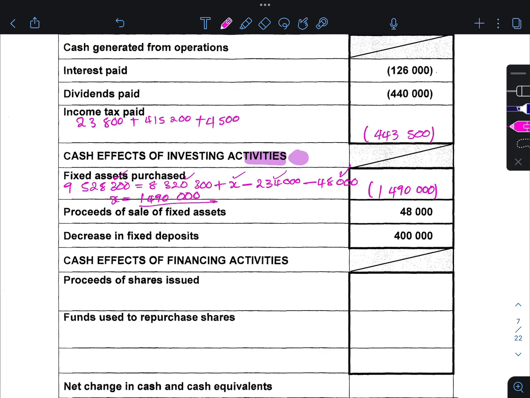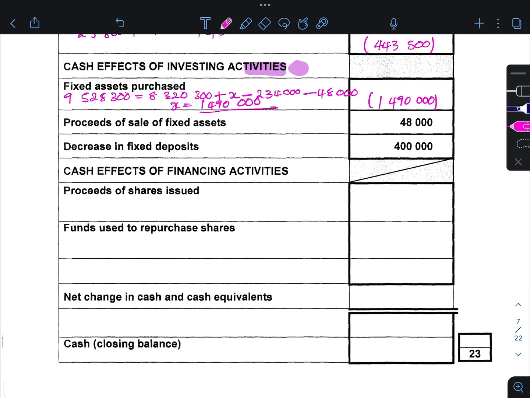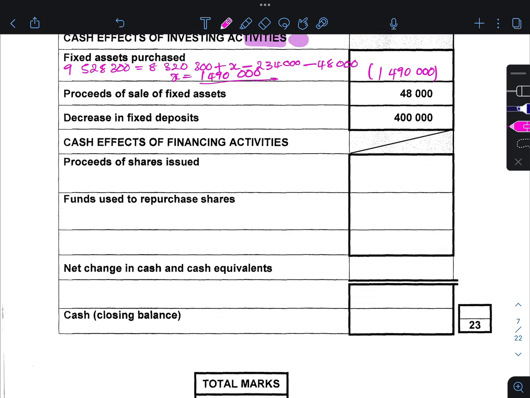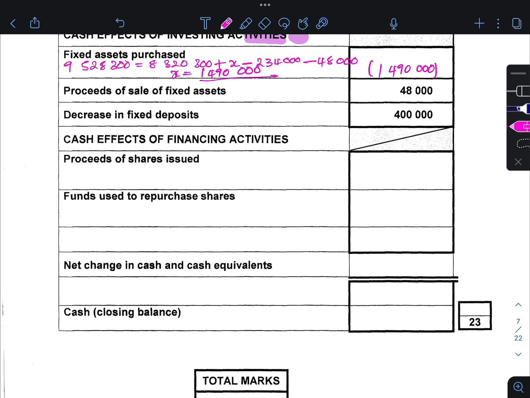It's an outflow because we purchased fixed assets. Let's get that to be neat, because you're supposed to make sure that everything that you write is clearly visible for the marker to award you all the marks that you deserve. Okay, so these are we given.